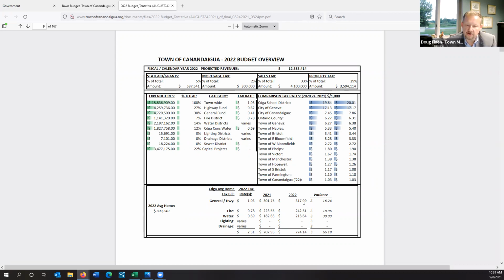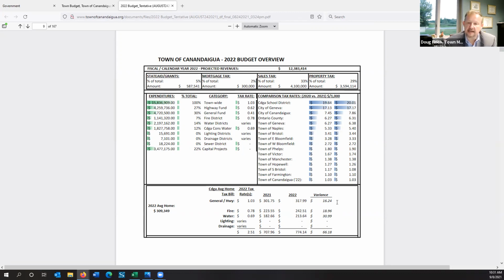And this is just a quick show of, okay, based on that $309,349, even with the tax rates staying the same, you can see that in 2021, the property owner on that assessed value home of $309,349 paid $301.75 for 22 because of the increase, not because of the tax rate, but because of the average assessed value. If all things are equal, that home going from $297,000 to $309,000, that resident would pay $317.99.